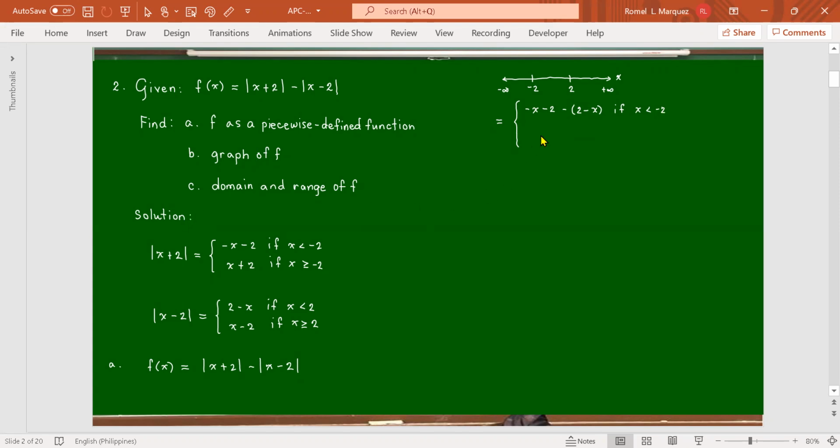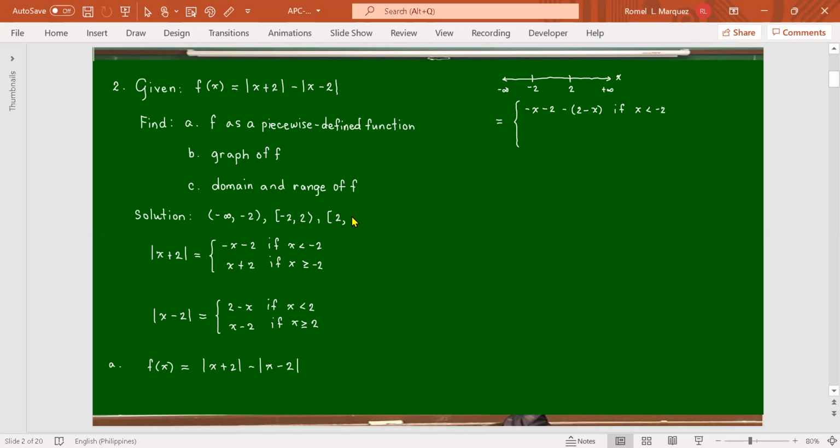By the way, we are trying to divide the domain into 3 subintervals, no? We have negative infinity to negative 2, then from negative 2 to positive 2, and then from 2 to positive infinity.